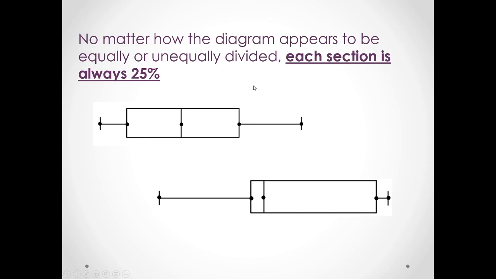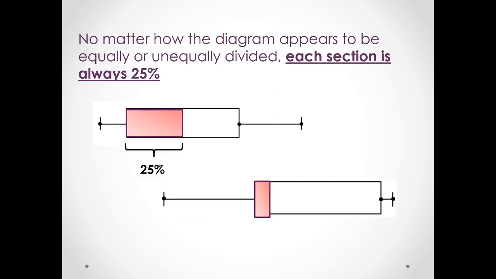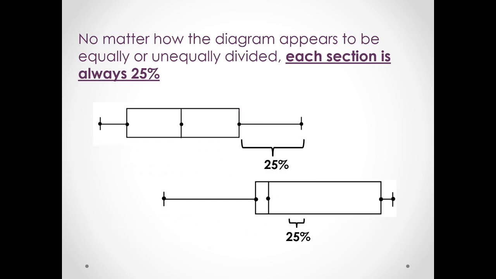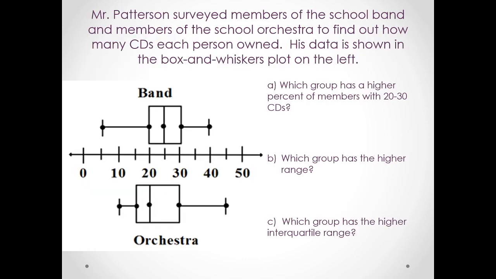No matter how the diagram looks or how even or uneven the sections are, they're always 25% of the data. It does not matter how big the section is, it's still a quarter of the data. So we're just going to really drive that point home. A whole lot of animations really just make sure that that's clear.